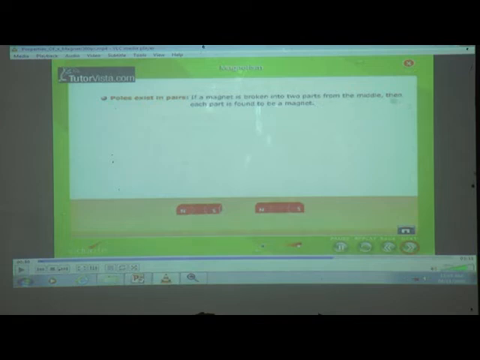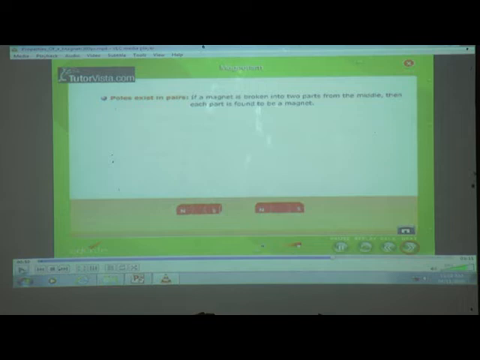If we cut this magnet at the center, we will find that the two parts we got again form two poles. The first part is again converted into a magnet, which has a north pole and a south pole, and the other part is also a magnet, and it also shows both north and south pole.